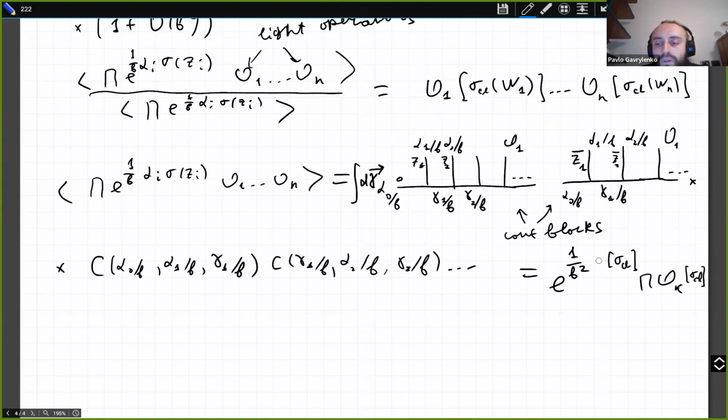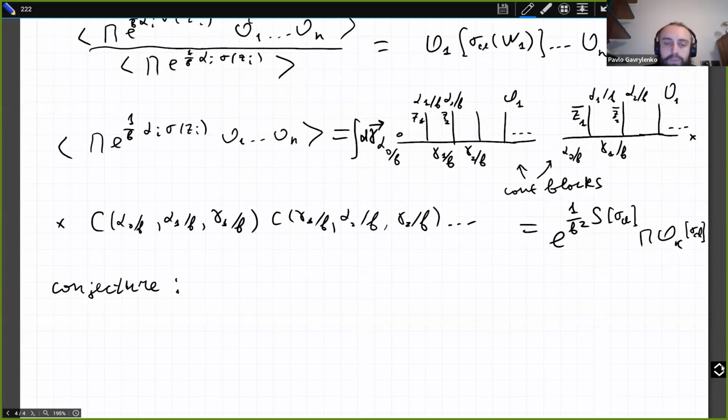So the natural conjecture is that all these objects behave in the same way, like a conformal block of this kind, with alpha 0 over b, alpha 1 over b, alpha 2 over b, gamma 1 over b, and so on, some O1.